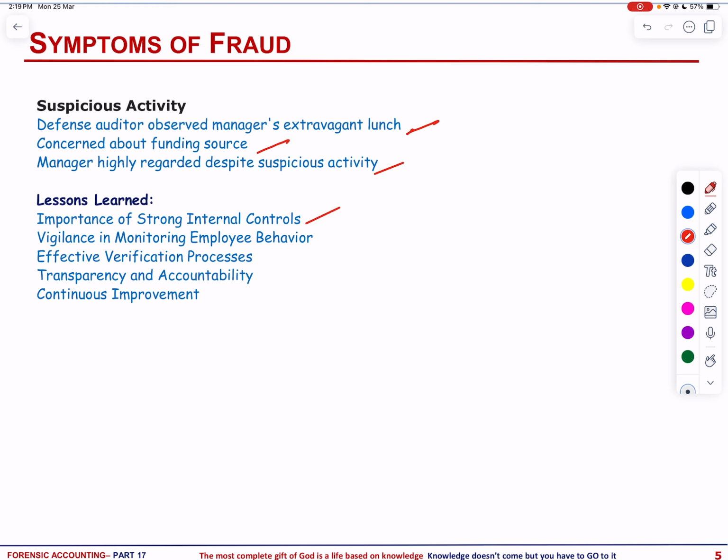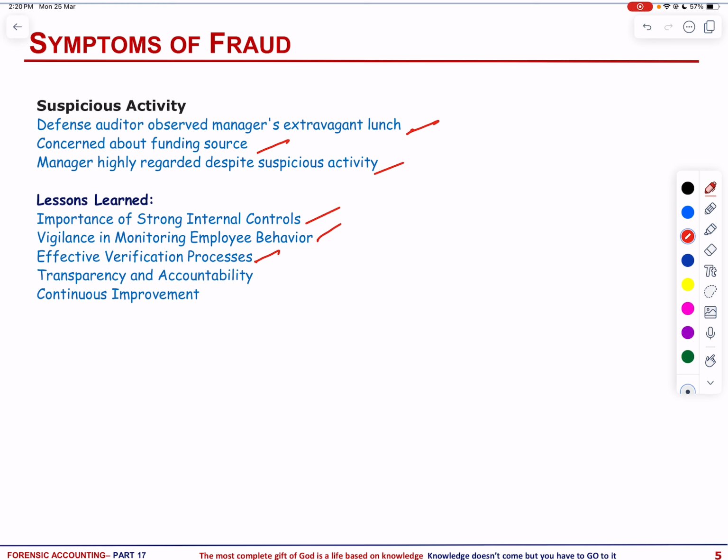Suspicious behavior, such as lavish spending by employees, should be investigated promptly to prevent potential financial misconduct. Robust verification processes for claims are essential to prevent fraudulent activities. This includes verifying patient eligibility, treatment coverage, and adherence to approved limits.